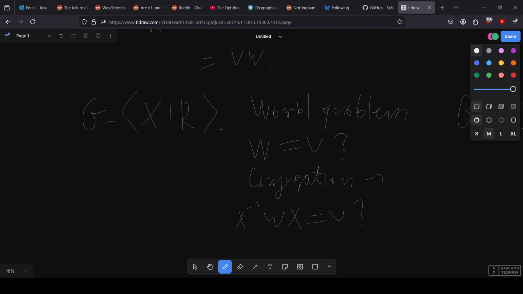I will post this in chat very quickly. And this contains a direct example of a group with a finite presentation which has unsolvable word problem.